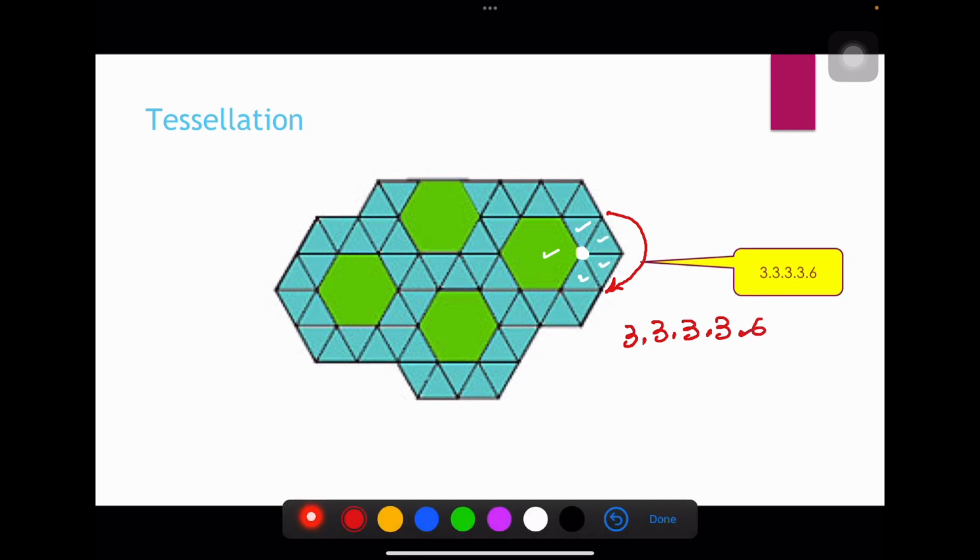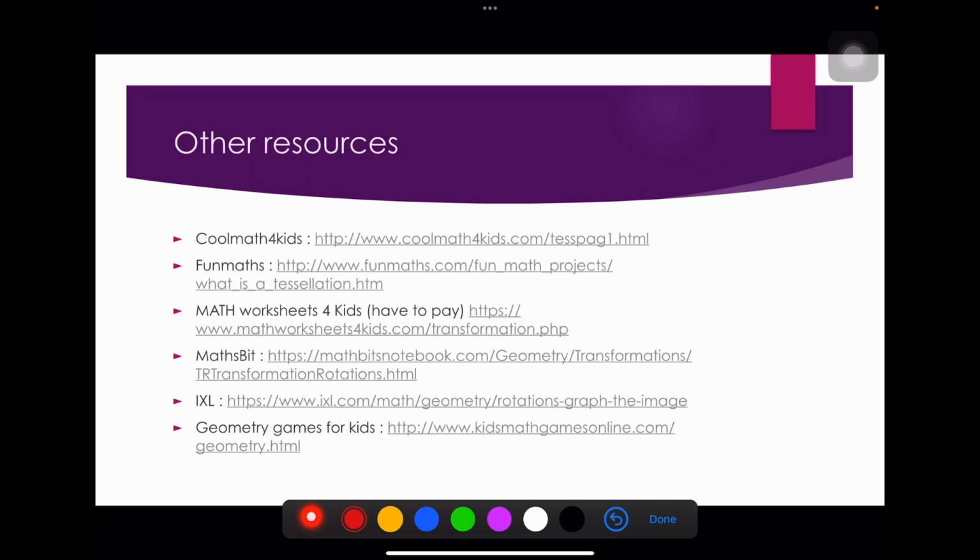So there are sometimes where you can have the freedom of naming it either clockwise or anti-clockwise, but there are instances where you can only follow one of them.